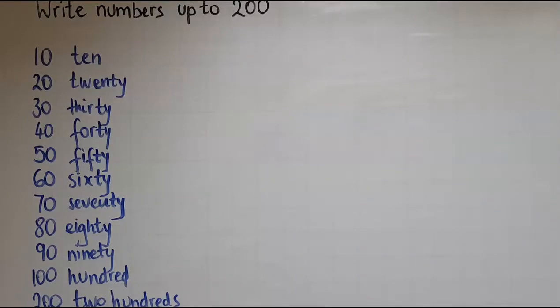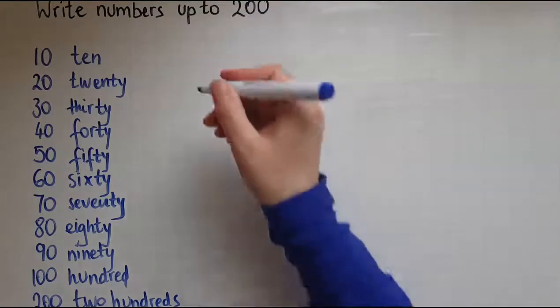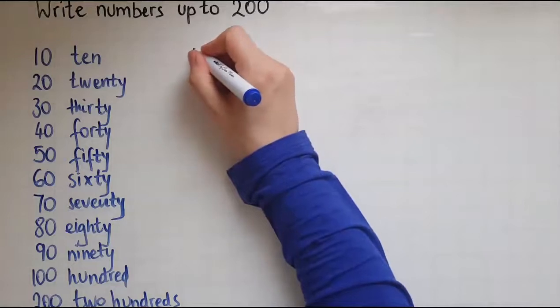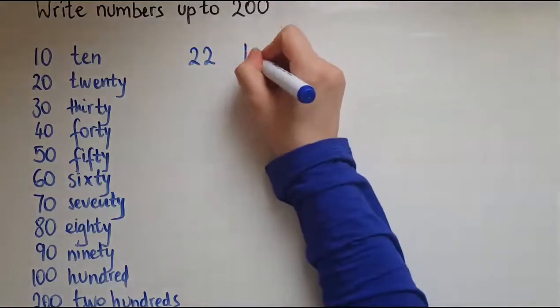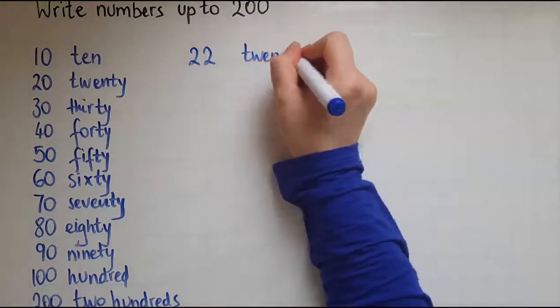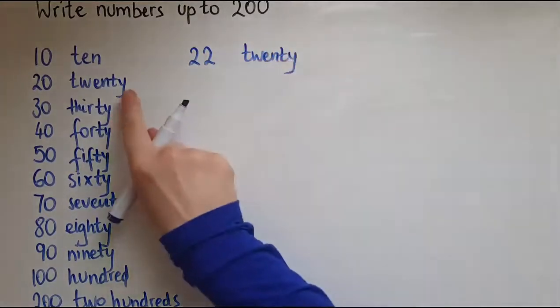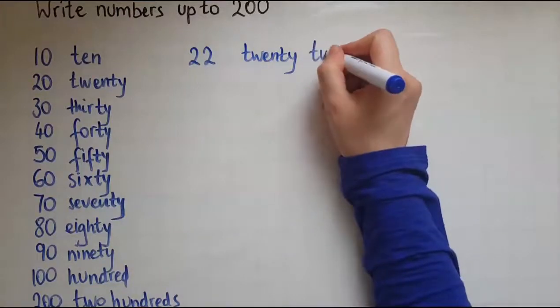Now, as we said before, you should know how to write numbers like 1, 2, 3, 4, 5, up to 20. So if you want to write 22, for example, you would write it as 22 in digits, and in words that would be just the 20 and the 2.